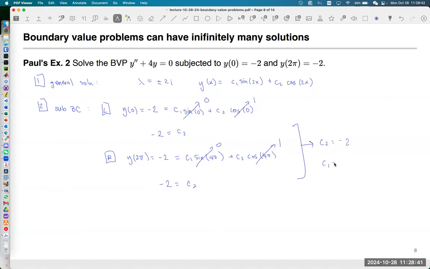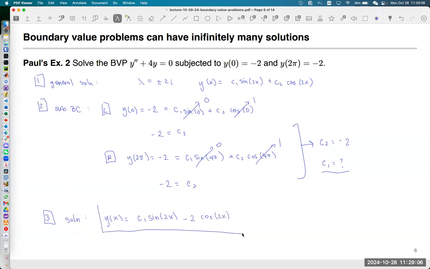But what about c1? It doesn't tell us what c1 is. So if we substitute back and get the solution, we found that y of x is equal to c1. We don't know c1, so we keep writing c1 sine of 2x plus c2, which is -2. So -2 cosine of 2x.